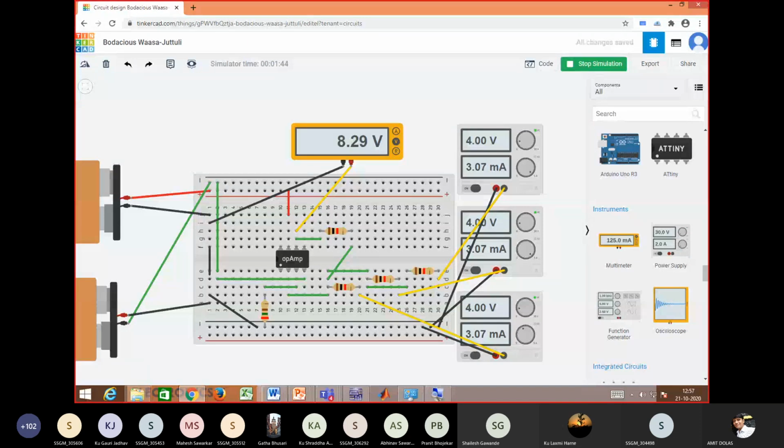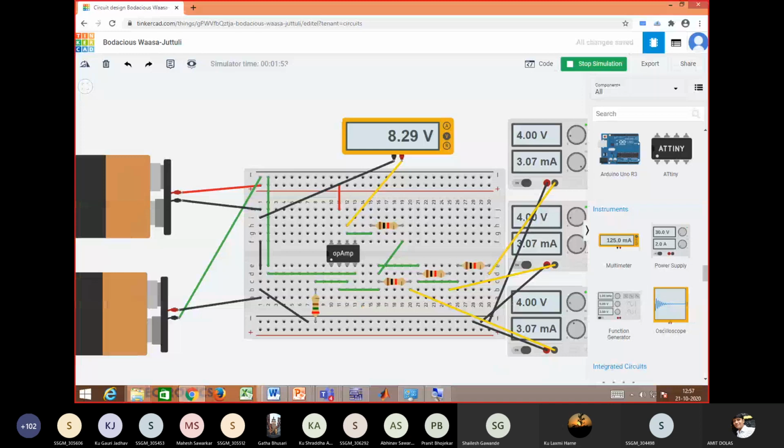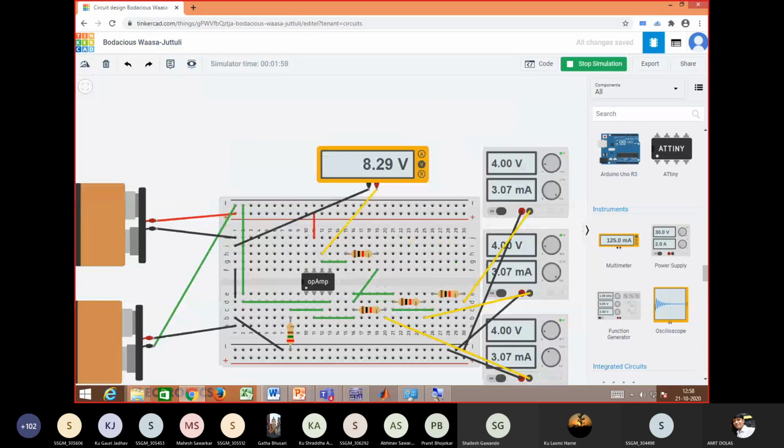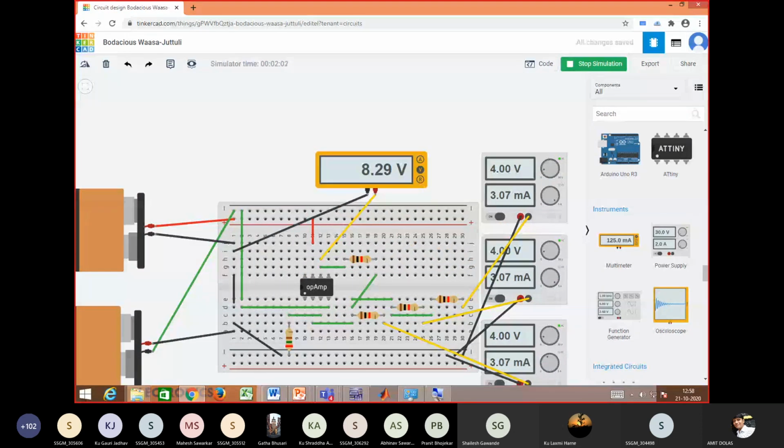So here the addition is working in the formula. Of course it is showing you -12 volt, but we do not have 12 volt input here. It is just 9 volt plus and 9 volt minus. Therefore it is showing you the saturated voltage, that is 8.29.